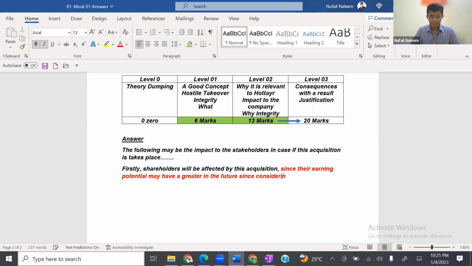Since considering the trend for the heat pumps and the growth in the heat pumps, it can be understood that the firm can have better growth with the current strategy. Come on.